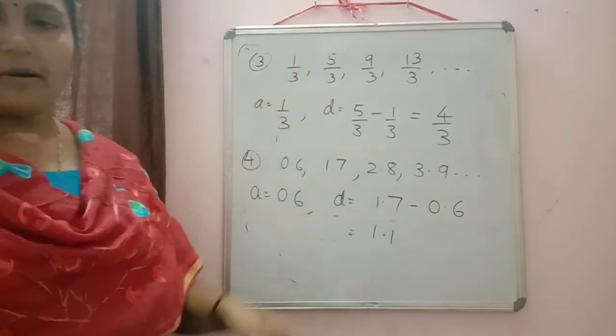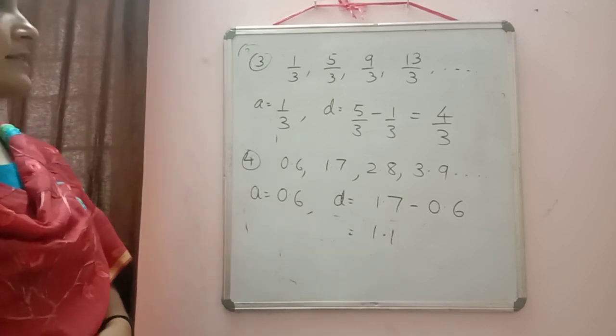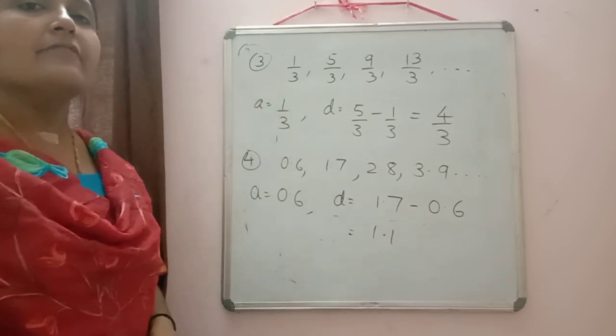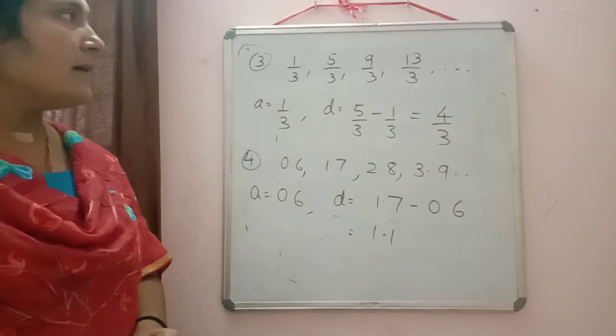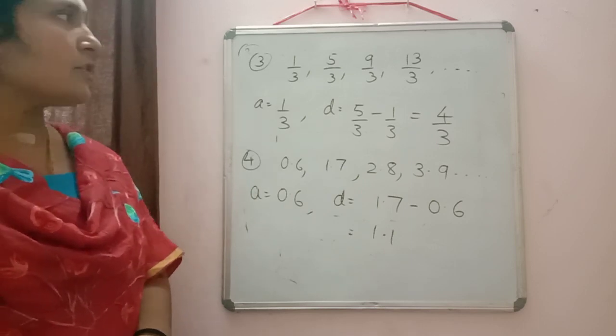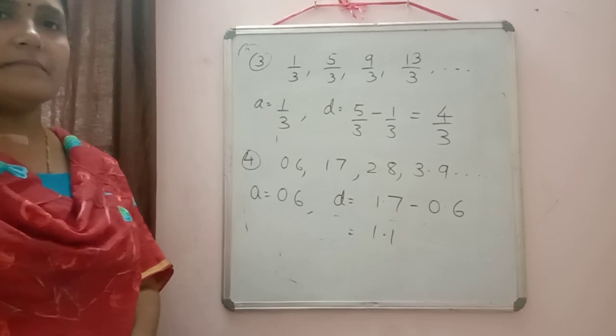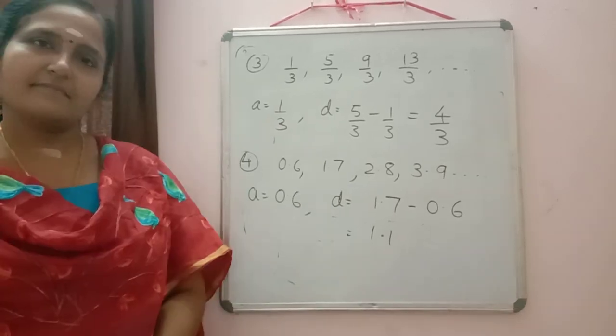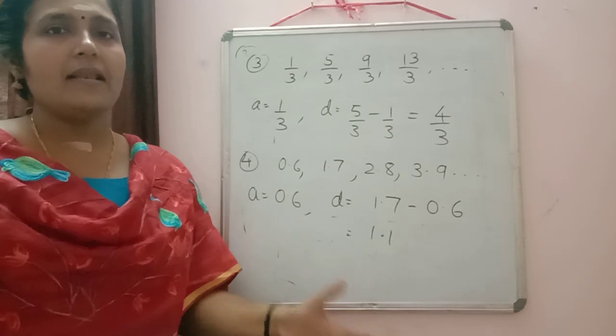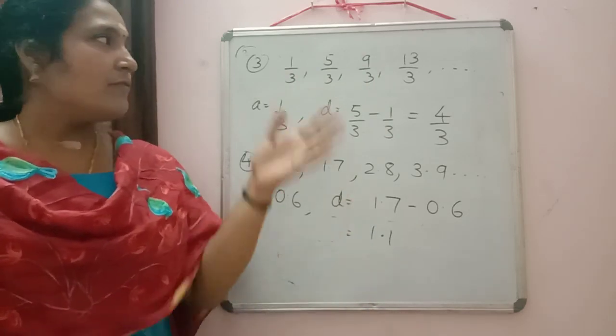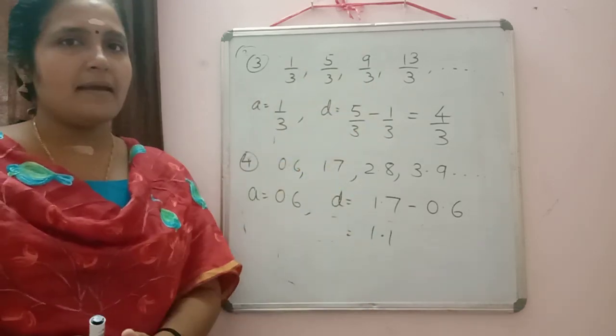If the sequence of numbers forms an AP, the first number is called the first term of the AP, and to get the common difference, what we will do? We will do second term minus first term. So by this example, it is clear to you, I think, when the numbers form an AP.